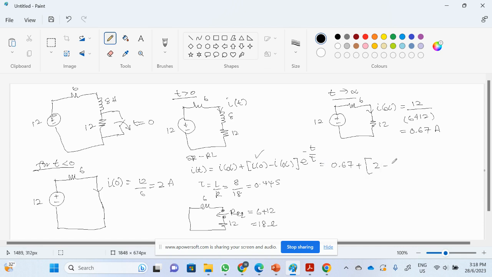Okay, we have everything, just substitute. 0.67 plus 2 minus 0.67, exponential negative 1 over 0.44, which gives 0.67, 2 over 3, plus 1.33 exponential negative 2.25 t. Or you can also write 2 over 3 plus 4 over 3. Up to you which one you want to write. So here you can factorize 2 over 3, 1 plus 2 exponential negative 2.25 t, unit ampere.